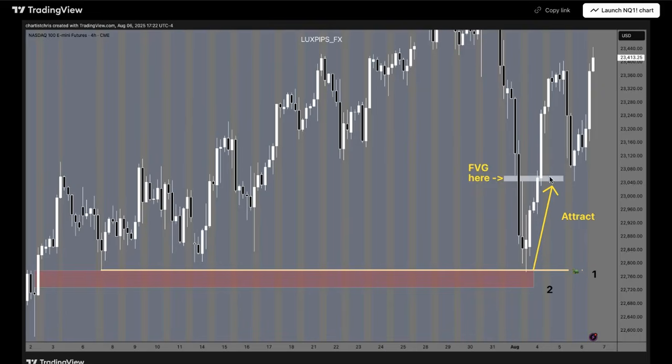So this FVG here attracts the price. So this one and two, these two stage liquidity right here, is the reason for price being pushed back to then be attracted by the FVG. It must have a reason. The market doesn't just do highs and lows for no reason.